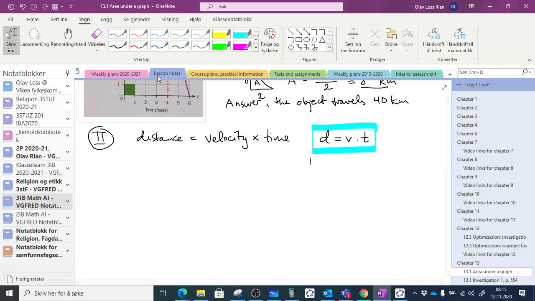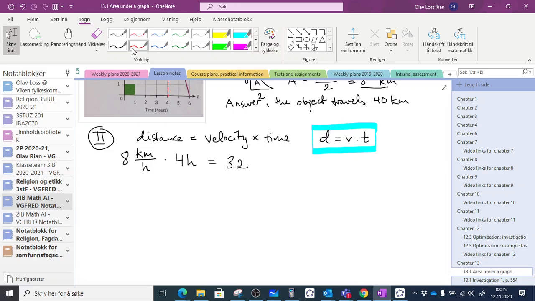We can also see this from the units. If we look at the first 4 hours, we have 8 kilometers per hour, that's the velocity, and then we have 4 hours, that's the time. If we multiply the numbers, we see that that's 32.